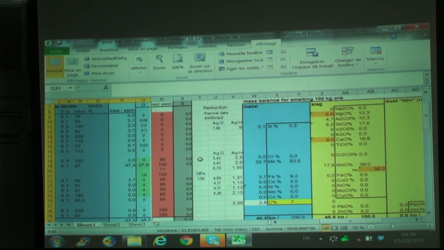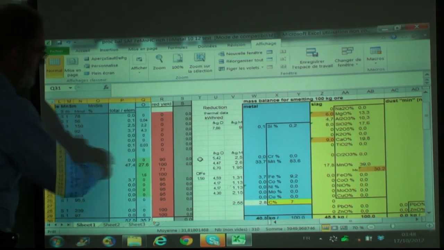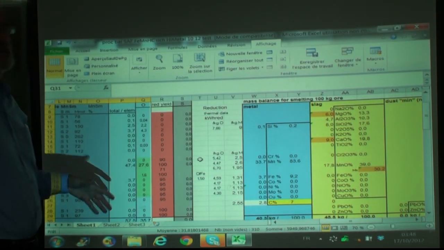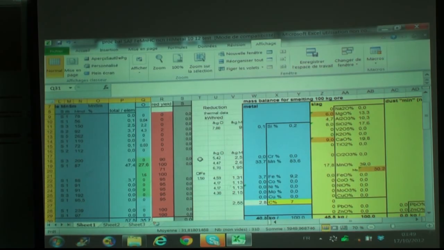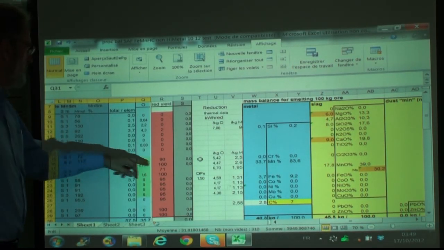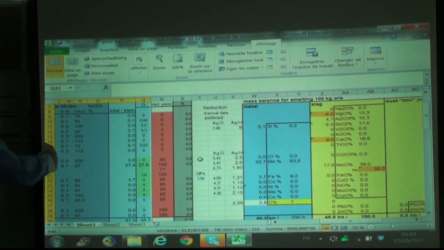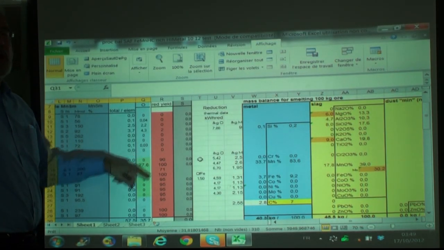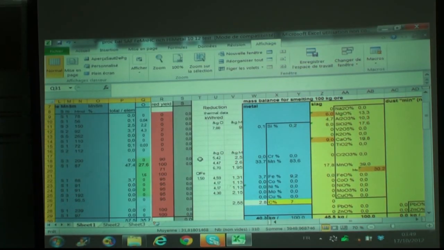So I have put two lines, and what you see, it's a bit confusing, but you will understand. The first line is MnO2, and of course, MnO2 is fully reduced to MnO. MnO2 doesn't exist at all afterwards.